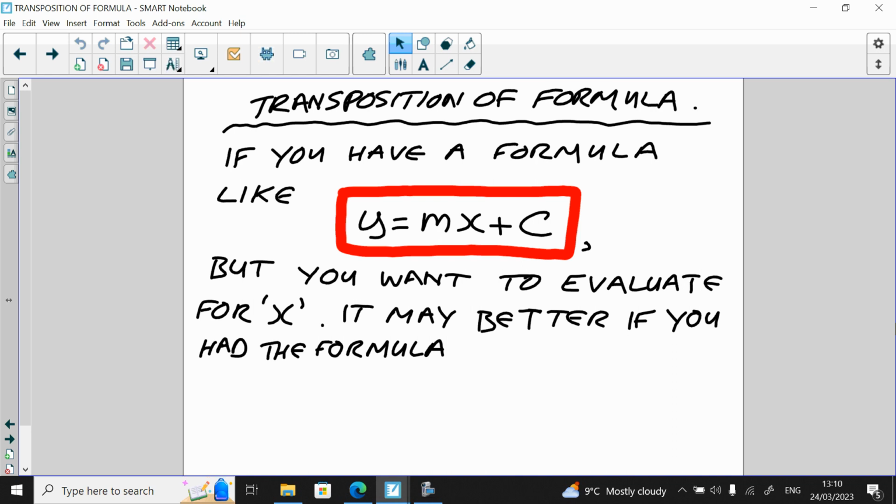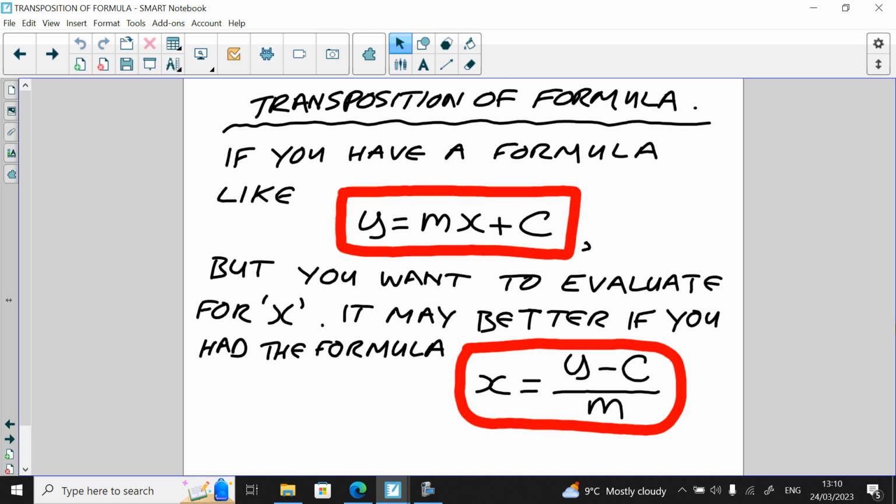But if you wanted to work out mx or c, and I'm saying x here, sometimes you can rearrange it specifically to get x on its own, and that would be an appropriate formula. You can have variations on that, but that's maybe one that's acceptable.